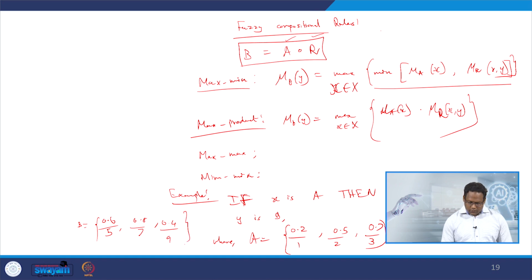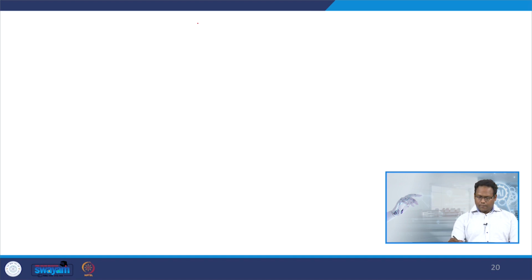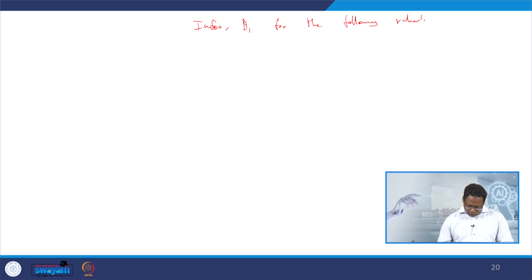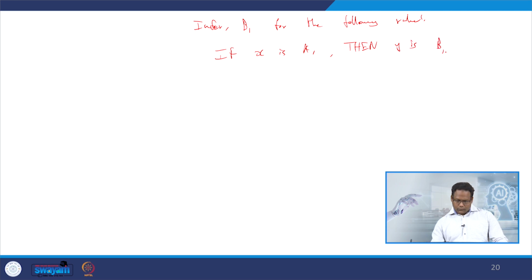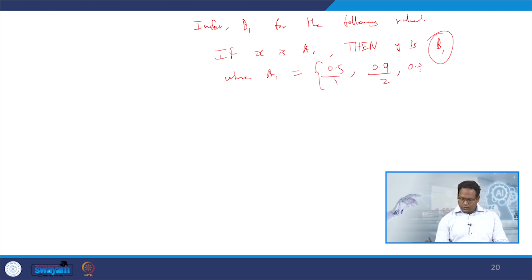Now, through fuzzy implication, how can we infer B1 for the following rule: if x is A1, then y is B1, where A1 equals 0.5 upon 1, 0.9 upon 2, 0.3 upon 3.